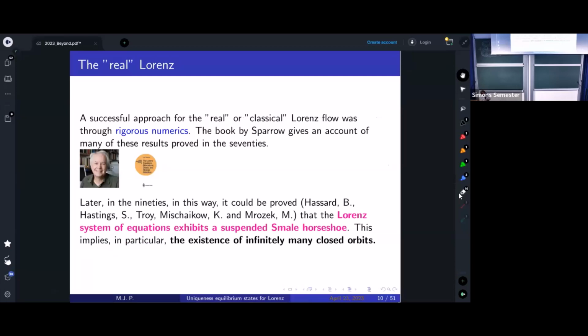There is the book by Sparrow, one of the first that appears at that time, that takes account of many of the results developed in the first years that people were looking at these equations. Later in the 90s, it could be proved numerically by Hassard, Troy, Mischaikow and Mrozek that the Lorenz system of equations exhibits a suspended Smale horseshoe. And this implies, in particular, the existence of infinitely many closed orbits.